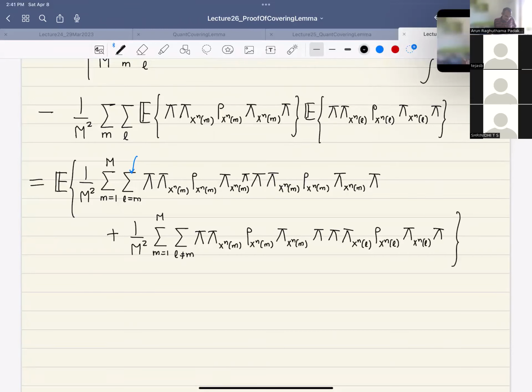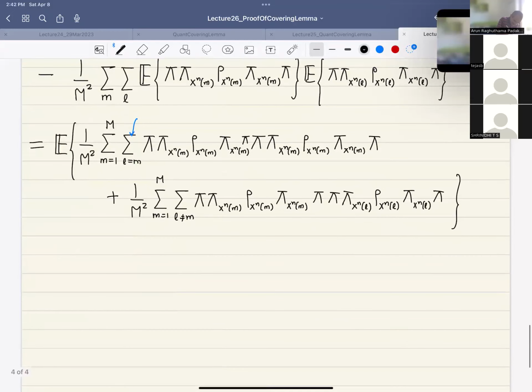Okay, so this is an expectation. Observe that if m is not equal to L, then xn of m and xn of L are independent. That means what?